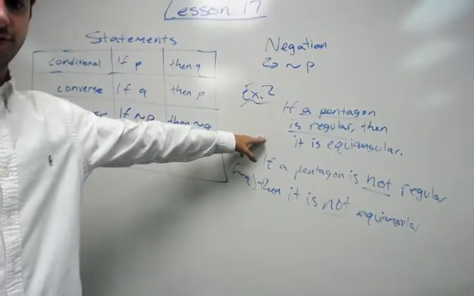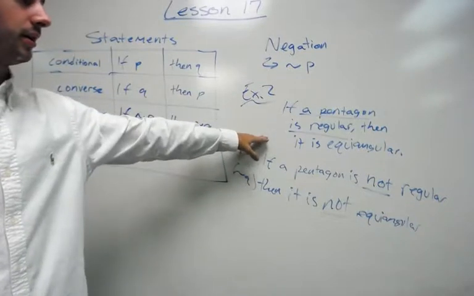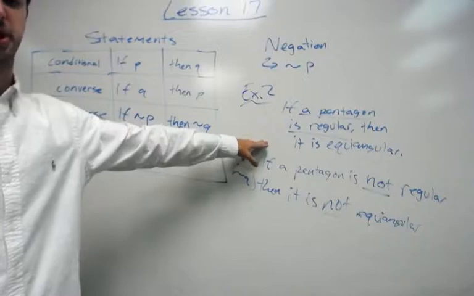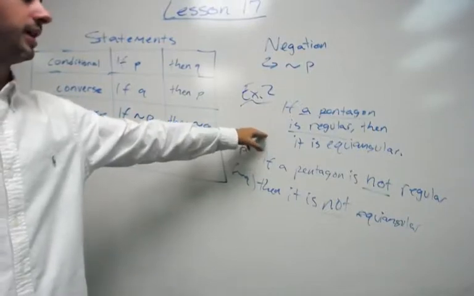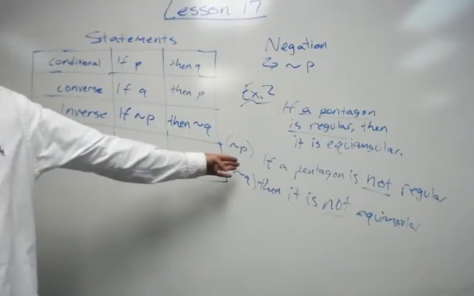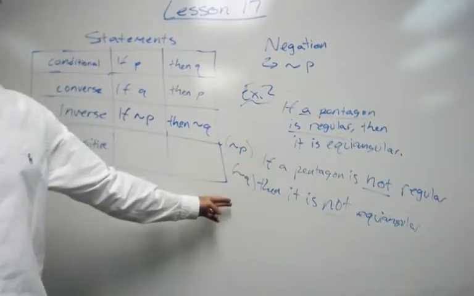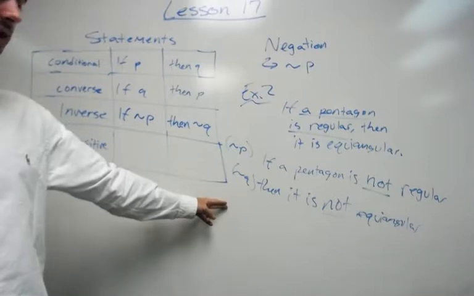The converse of that would be, if a pentagon is equiangular, then it is regular. That would actually be false. The inverse statement would be, if a pentagon is not regular, then it is not equiangular, and that would be a true statement.